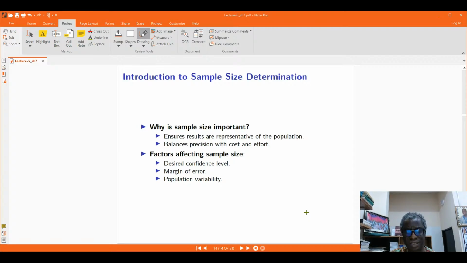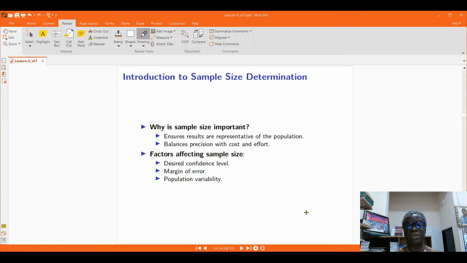It's always important to be mindful of how we determine our sample size, and also how we select the samples from the population.